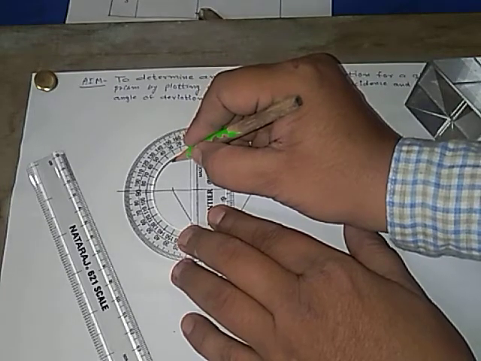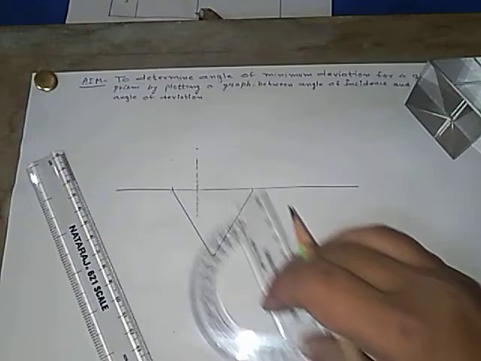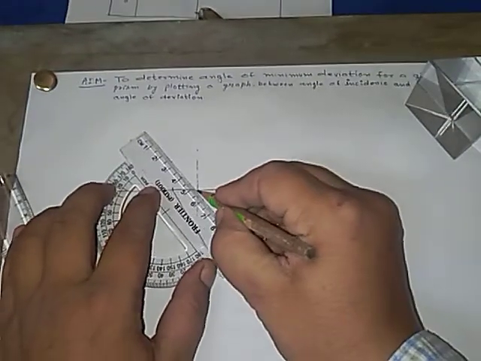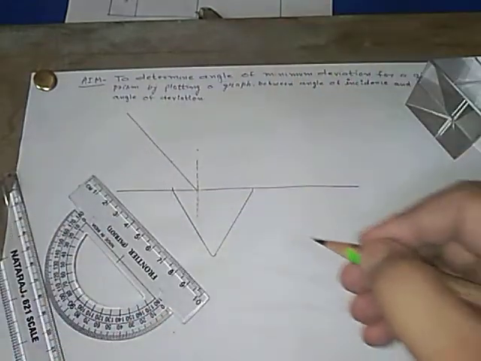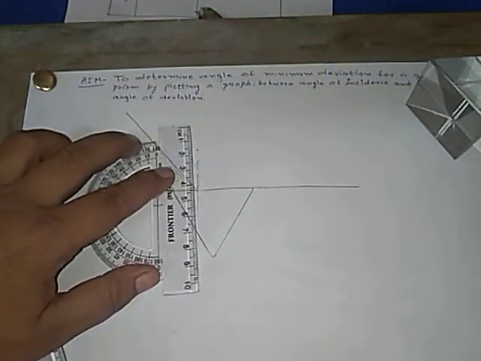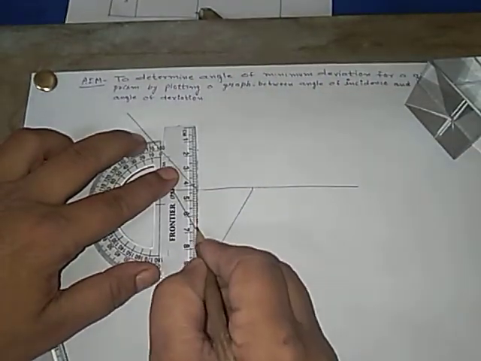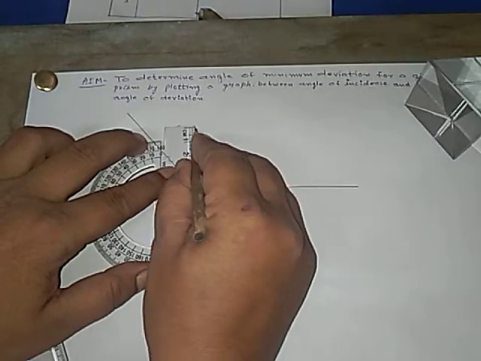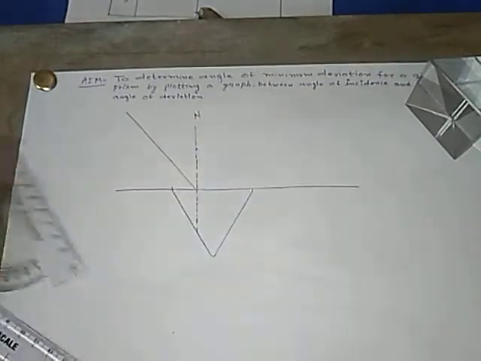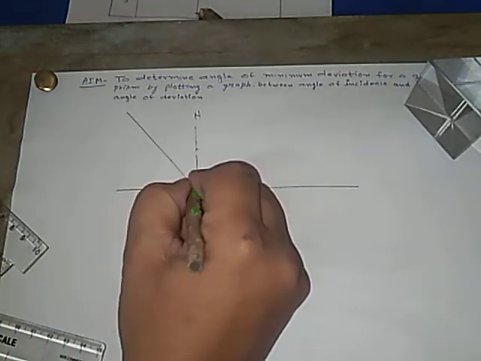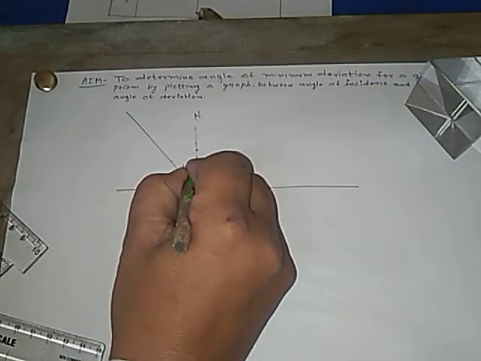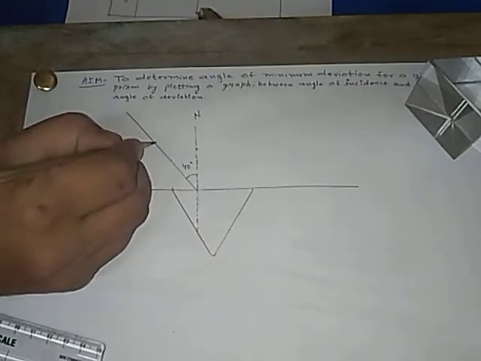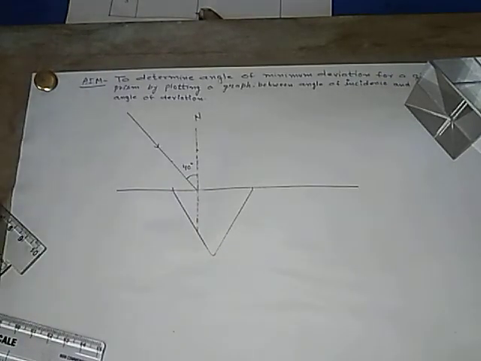I am taking it as 40 degrees. This may be the incident ray. This is the normal on the surface. This angle is of 40 degrees. This ray is known as the incident ray.